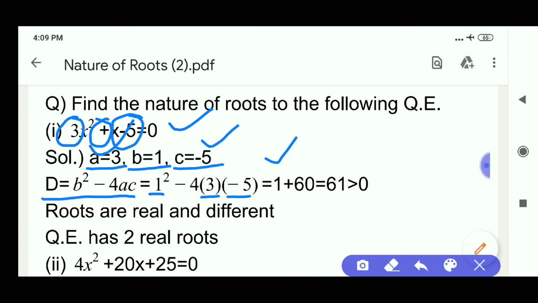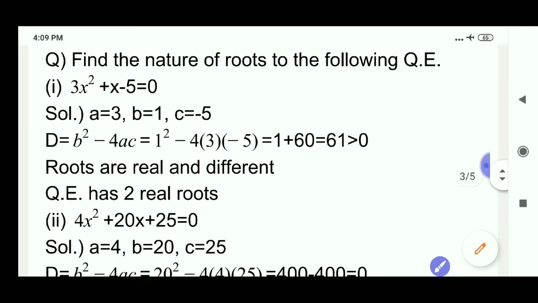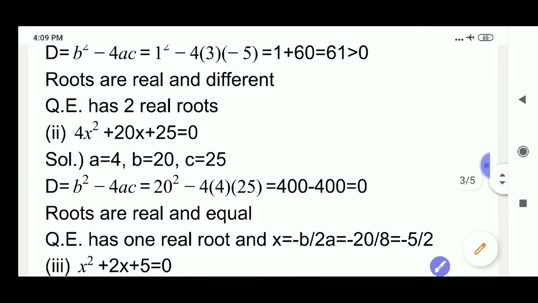Minus into minus is plus, 4 into 3 into 5 is 60. 1 plus 60 is 61. You know that 61 is greater than 0. When D is greater than 0, then roots are real and different. That means the quadratic equation has two real roots. Now come to the next question.